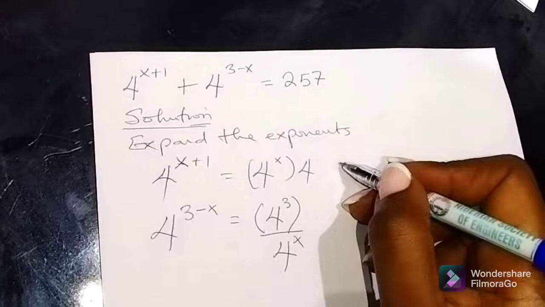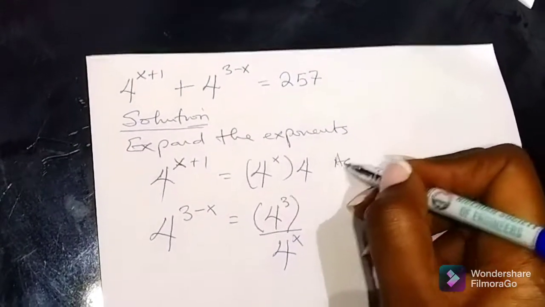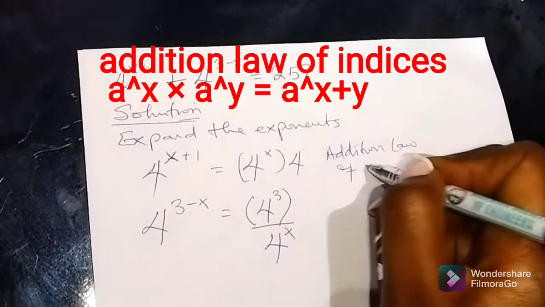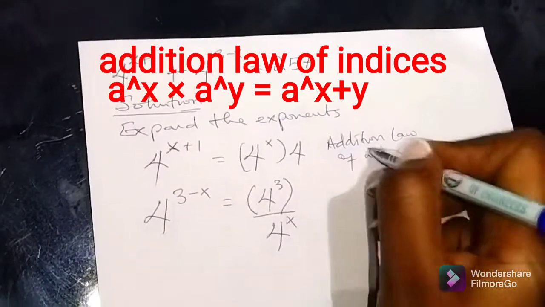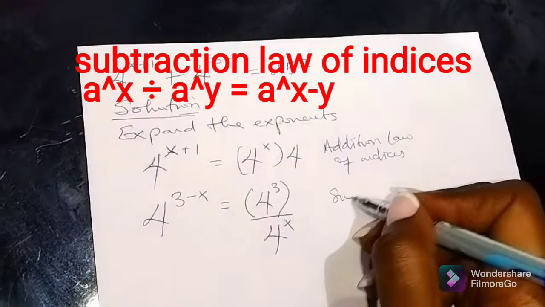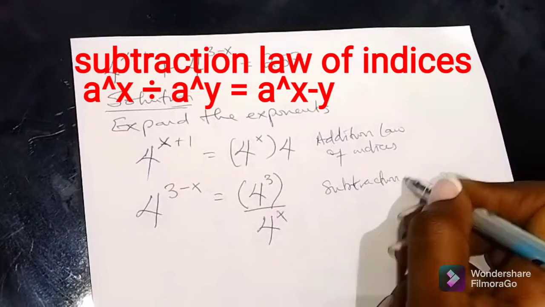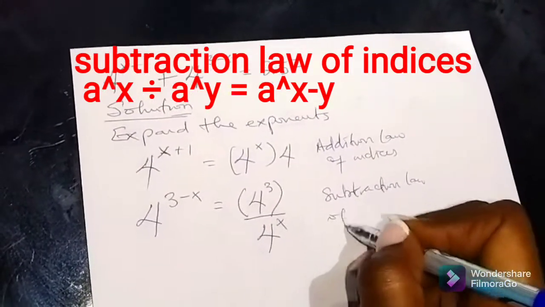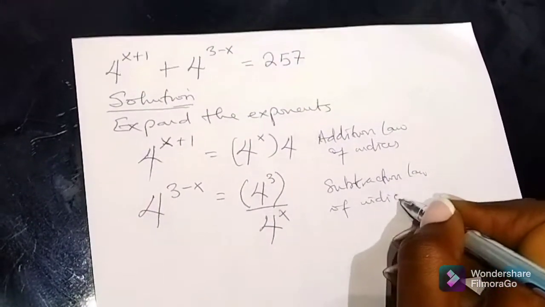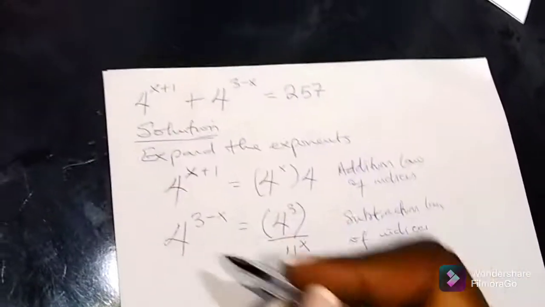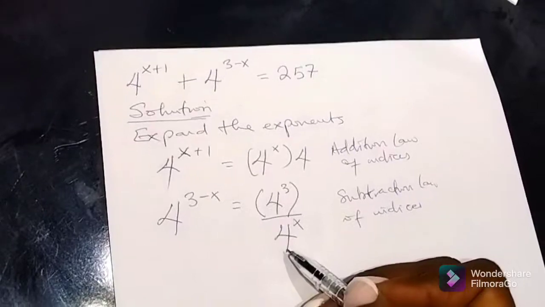The first one is the addition law of indices. The second one is the subtraction law of indices. So what are we going to do with this expansion?